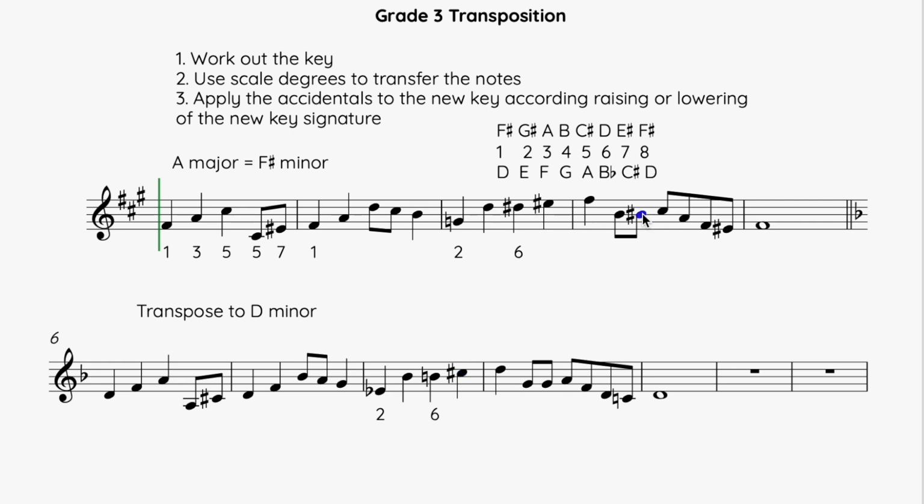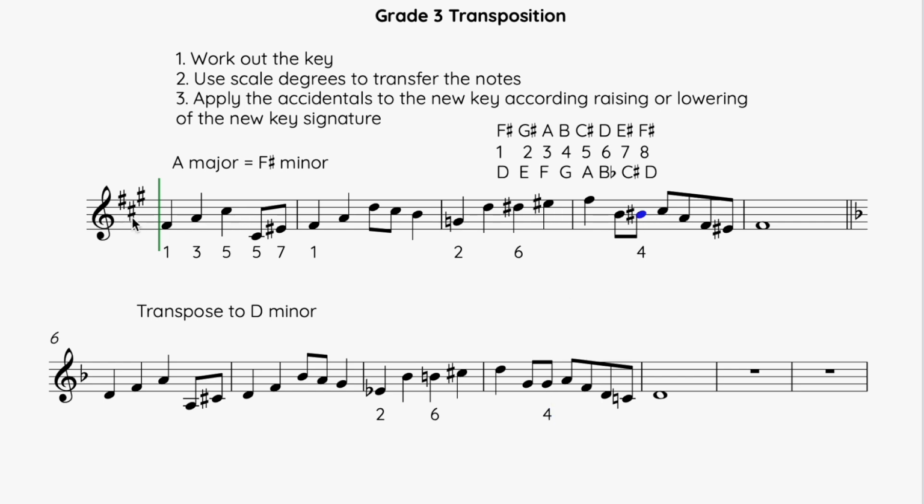Oh, we've got another one here, another B sharp. Wow, okay, so what number is that note? Well, B, it's the 4th. So I'm going to have to come to the corresponding note in D minor. And that was raised a semitone to a sharp.